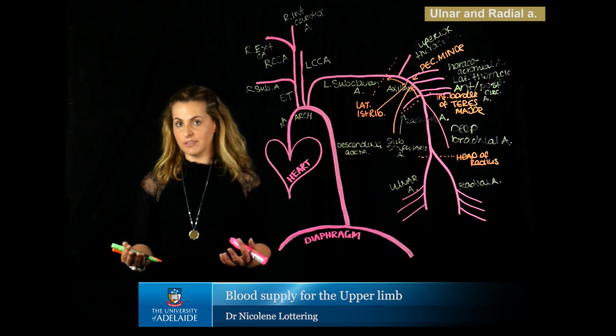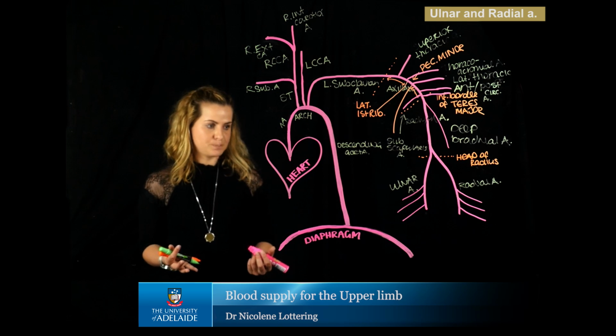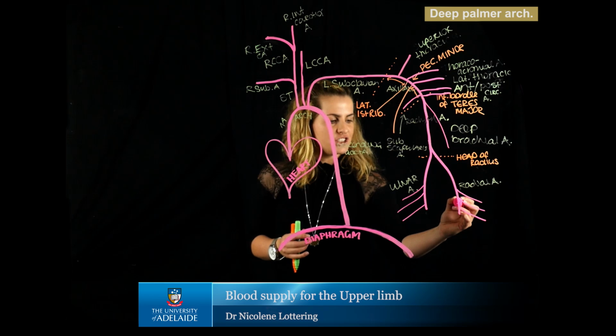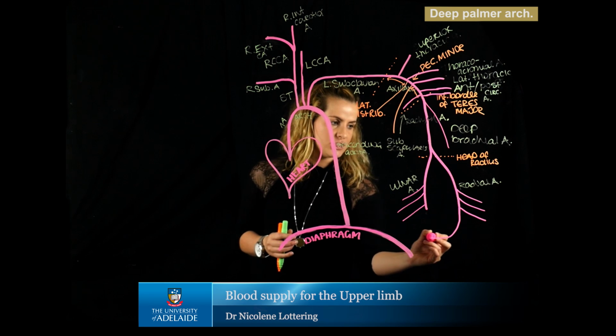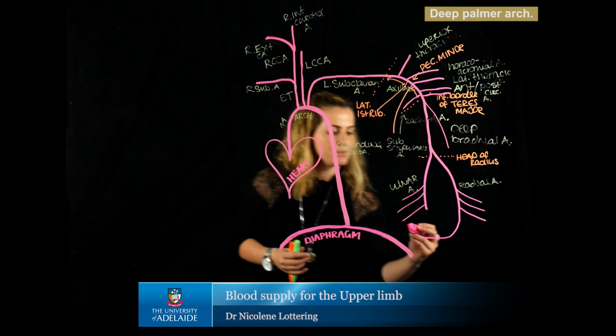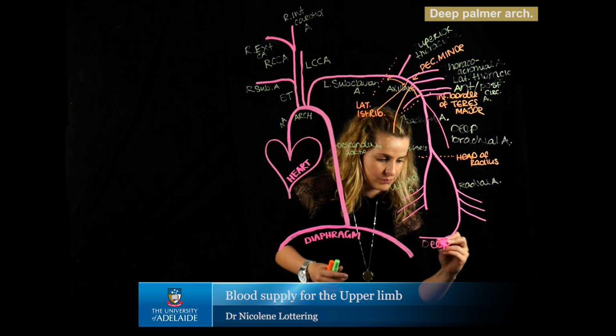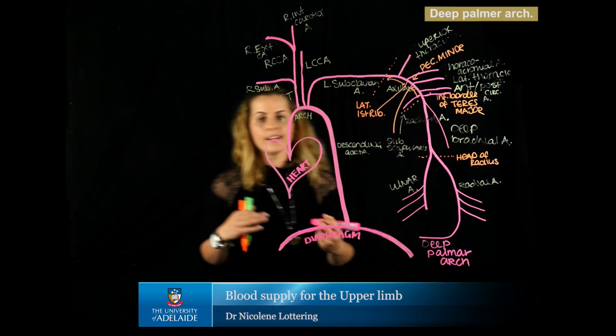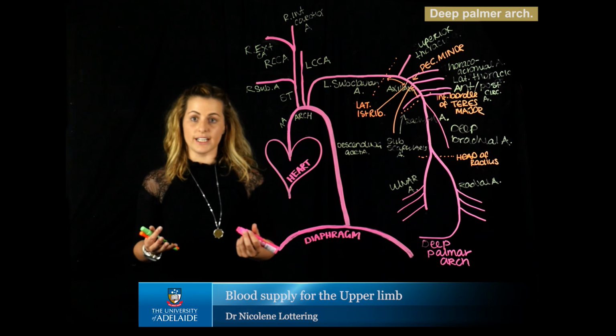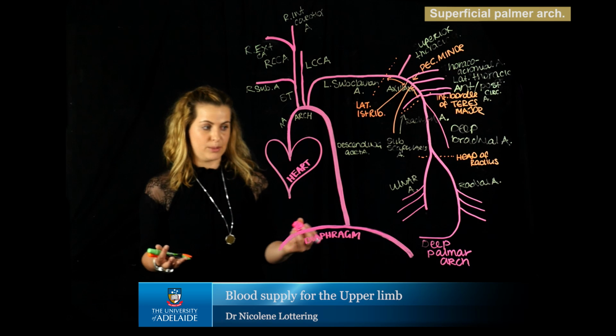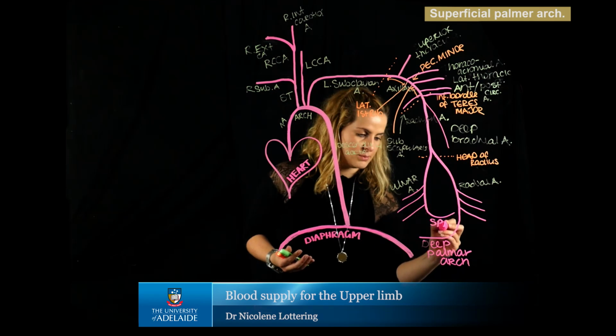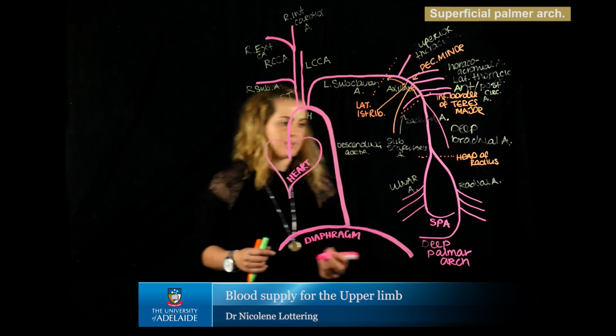So we have a superficial and a deep palmar arch. The deep palmar arch is actually going to be the termination of the radial artery. So I'll write this in here. And then the termination of the ulnar artery is going to be the superficial palmar arch. So I'm just going to write it as the abbreviation.